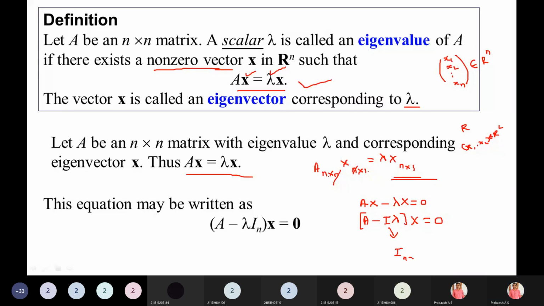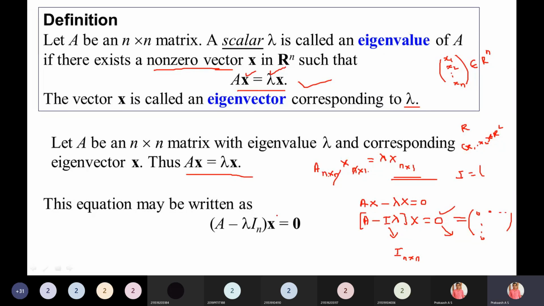So we get this matrix equation. The right side is a null matrix, which is also of order n, and we simply write the null matrix as 0.